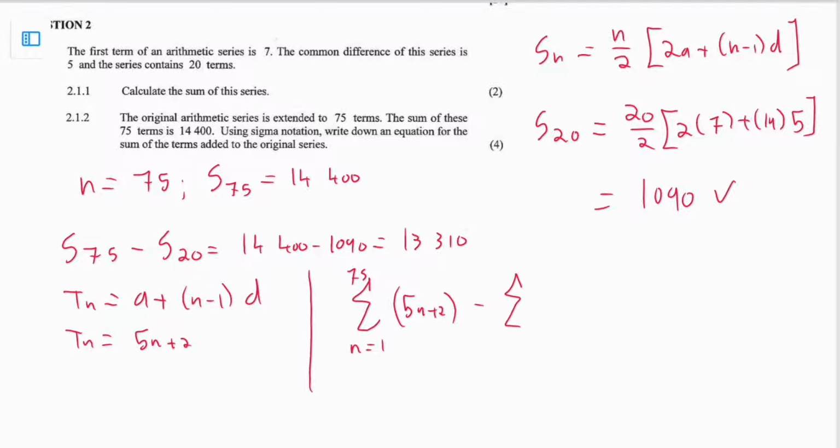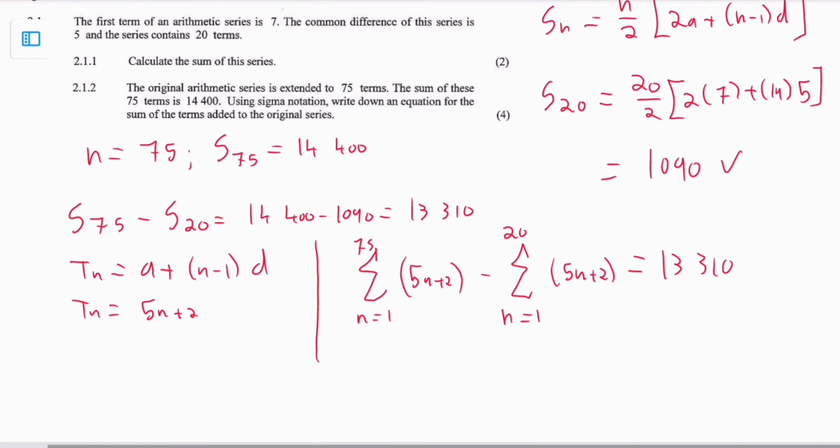minus the sum for n equals 1 to 20, the same general term, is equal to 13,310.